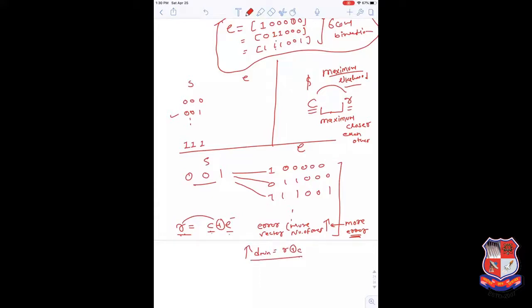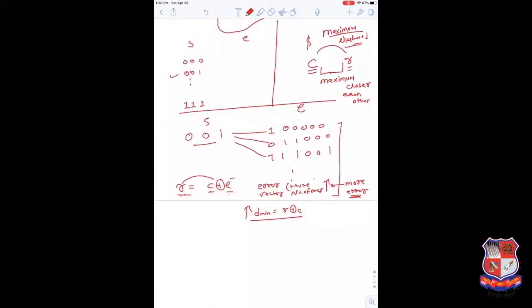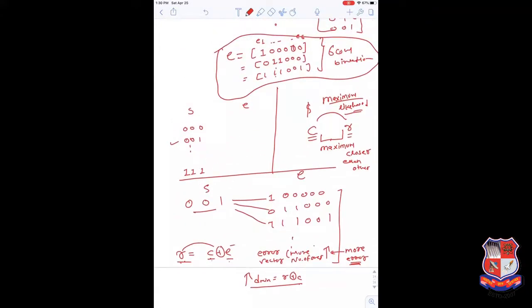So the basic idea is this. If we go with the maximum likelihood algorithm, we will choose the error vector which makes the minimum distance between code vector C and R, and that is the minimum error. So if many combinations can satisfy this equation, we will choose the error vector which creates the minimum distance between R and C, meaning the minimum number of errors in the error vector, and that is the first one, because here there is only a single bit error, the first bit error.